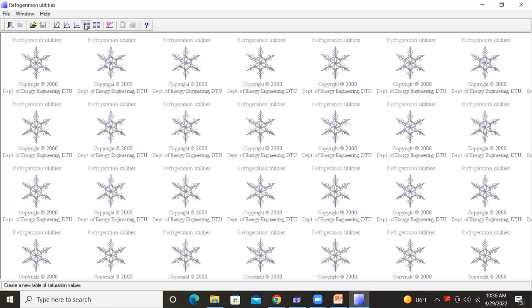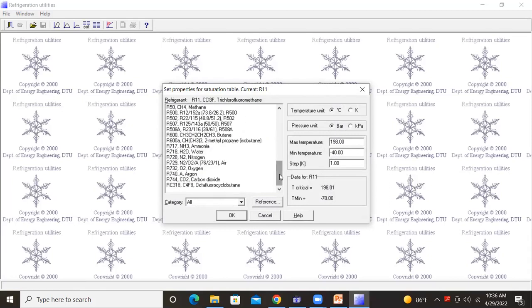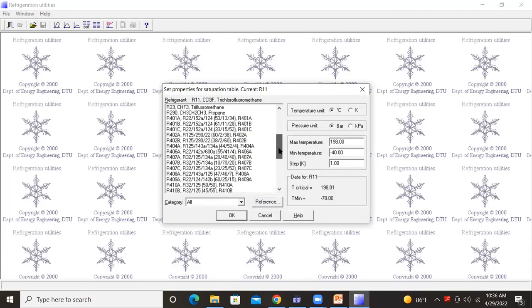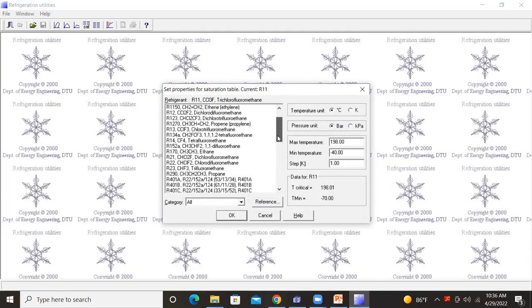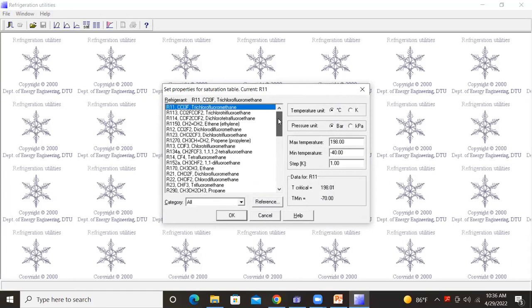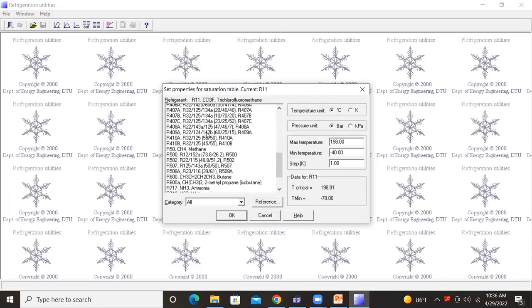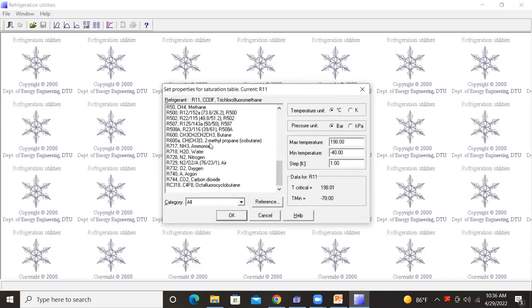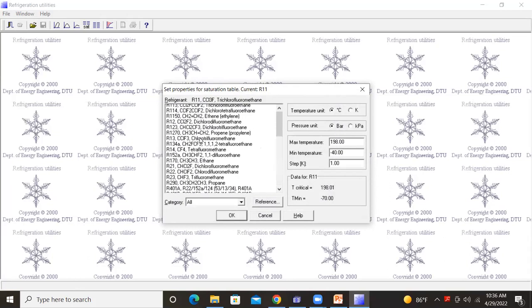So if we look into the types of refrigerants, later we are going to learn about this. You can see a list, even the latest refrigerants, even CO2, water, ammonia, nitrogen, oxygen, all the data, the two-phase.